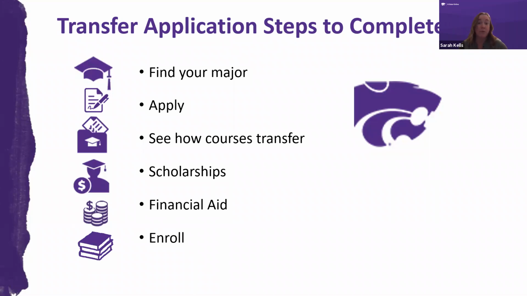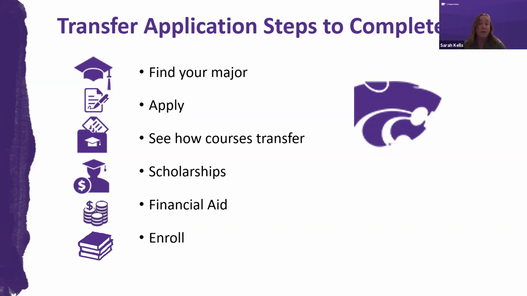Scholarships are also an important part of the application process. Anything that can help pay for our tuition is always going to be very important. And we want you to be admitted before you can be considered for scholarships, both online and on campus students. So it is important to get the scholarship application in by priority dates, which we'll also be discussing in a little bit.